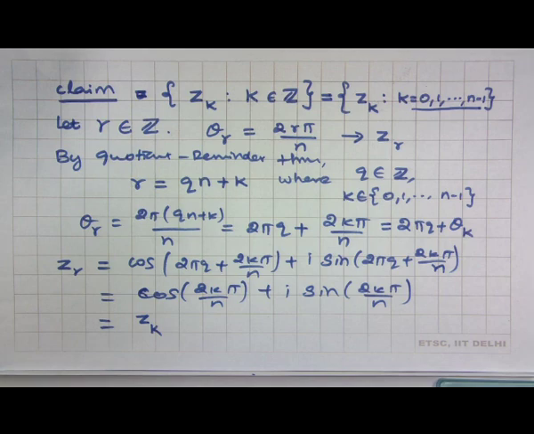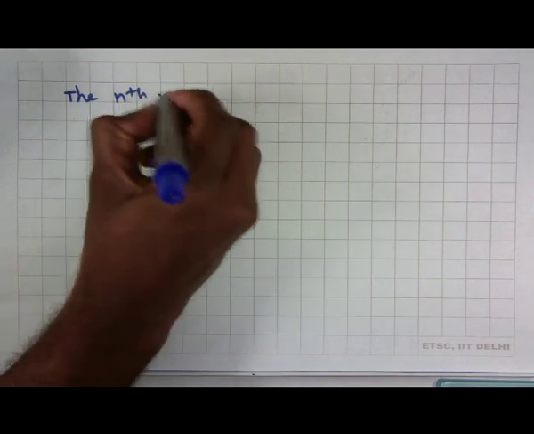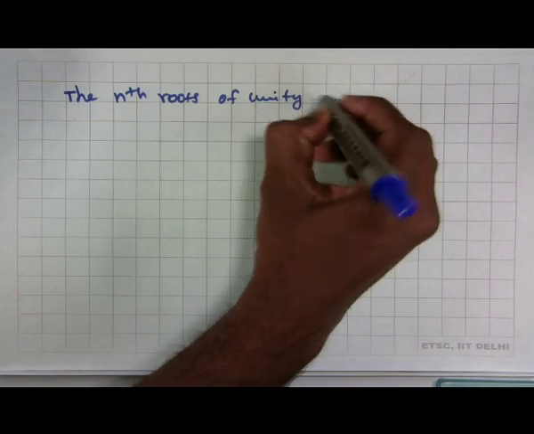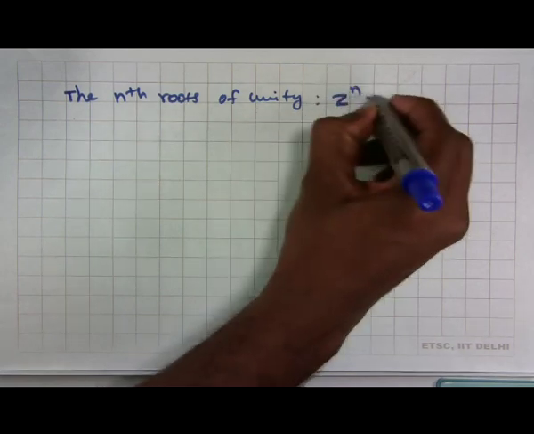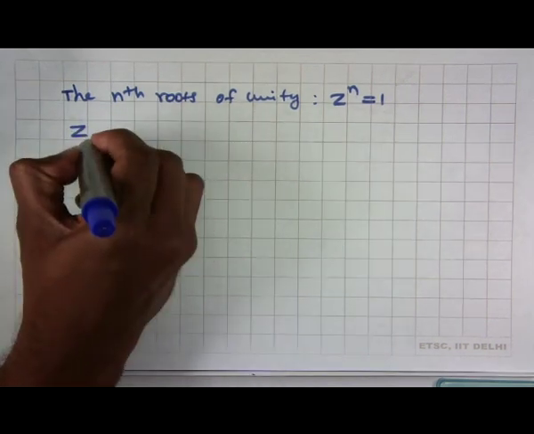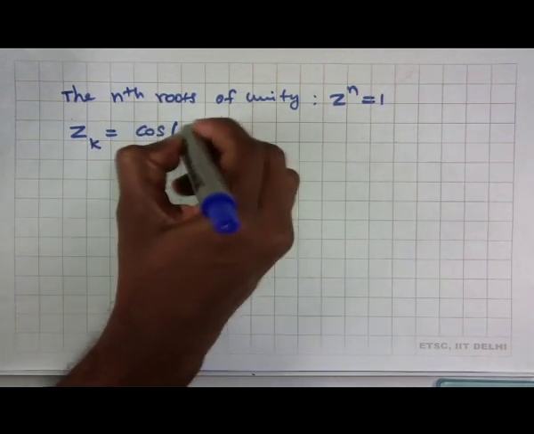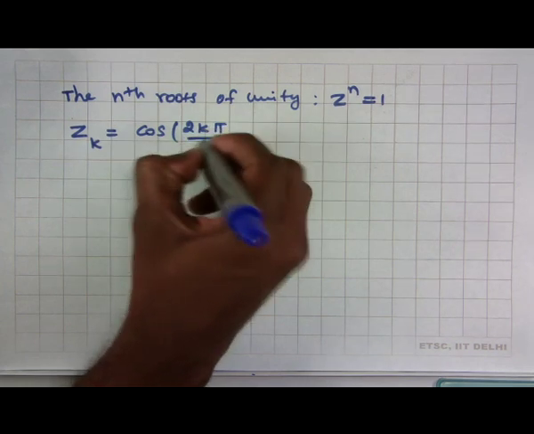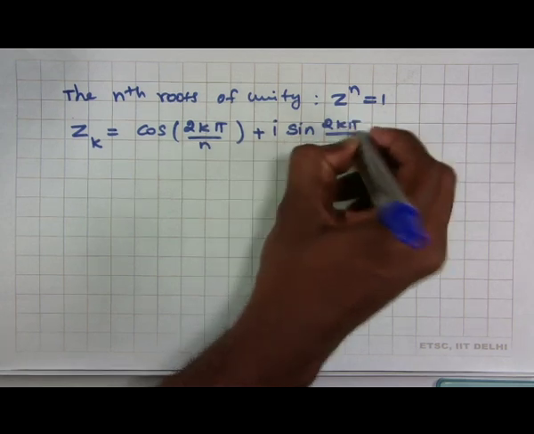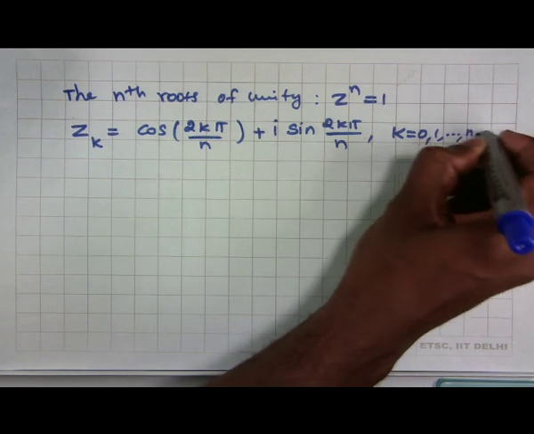Which means that we can now define the nth roots of unity, that is, z power n equal to 1, as these zk's, defined by cos of 2k pi by n plus i sin 2k pi by n, with k values from 0, 1 till n minus 1.